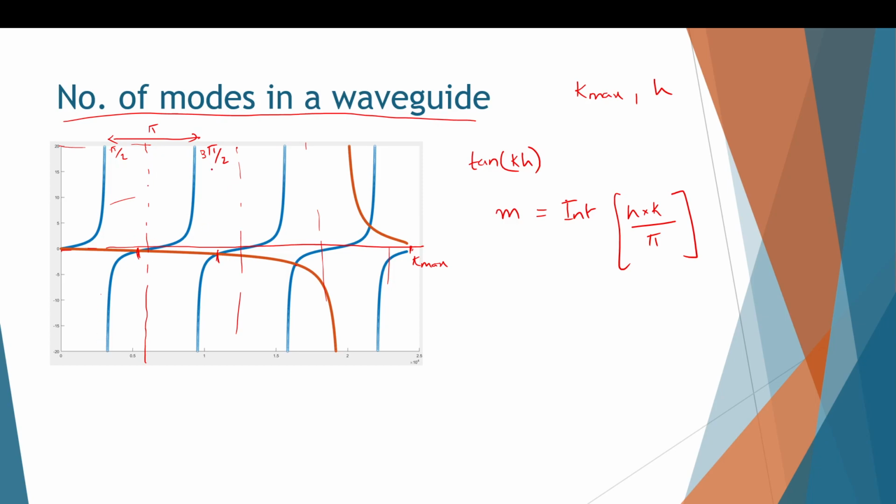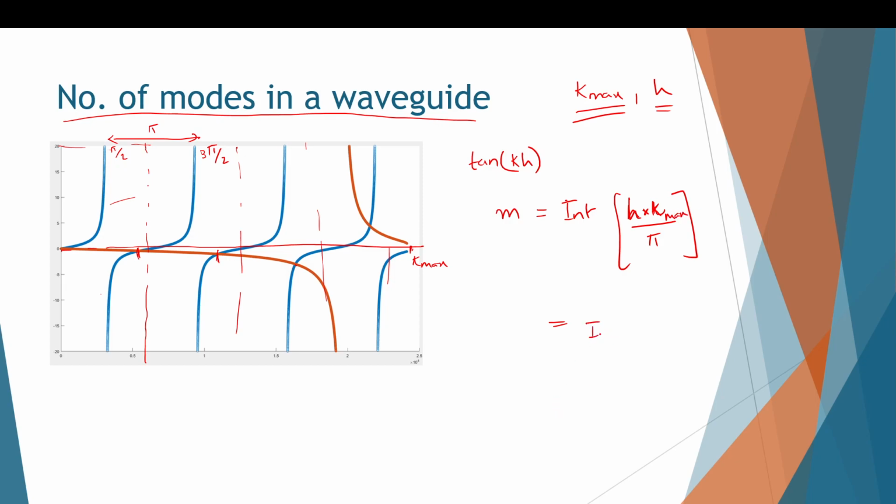Then there are only two times that the tan function cuts, so my number of modes will be 2, like that. So it will depend on kappa max and h. The number of modes will be approximately the integer of h times kappa, or sorry, kappa max upon pi.